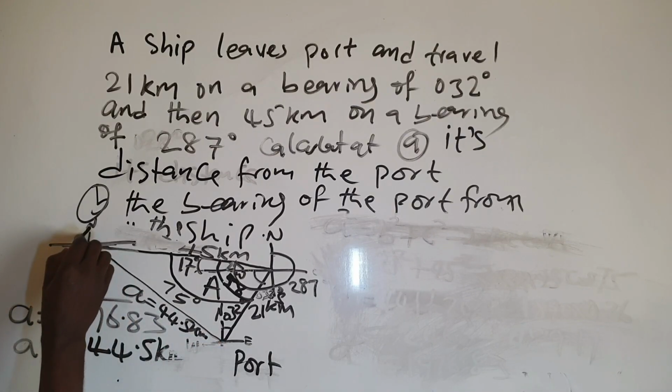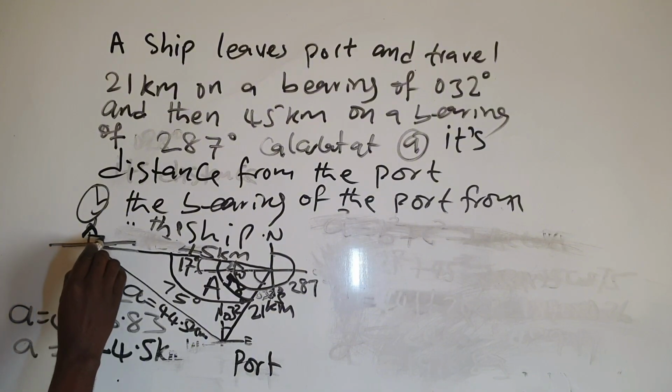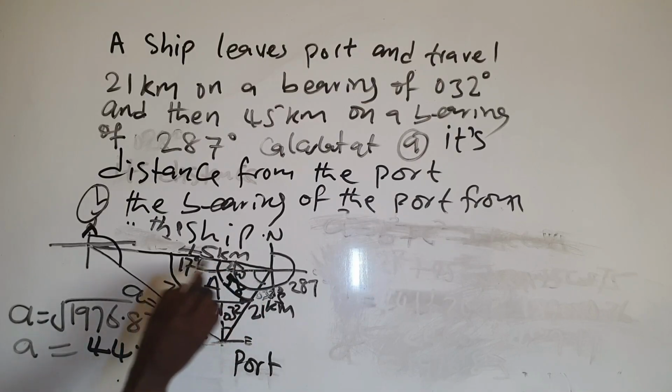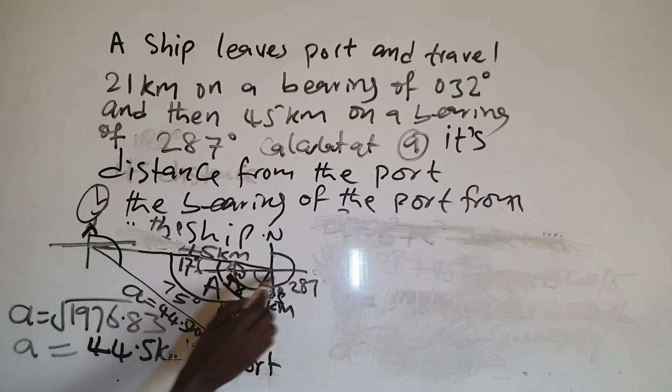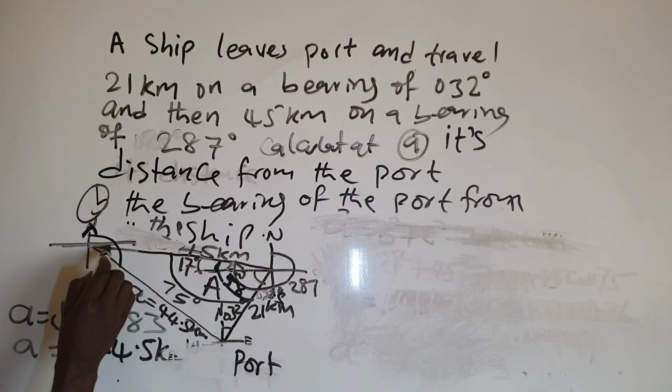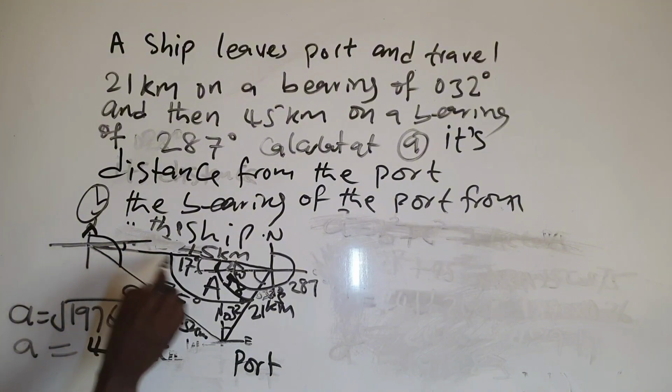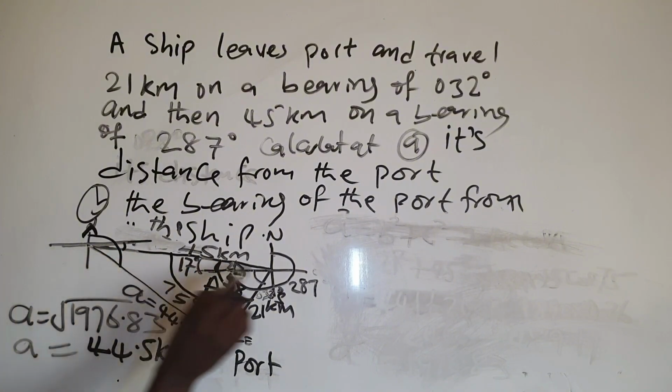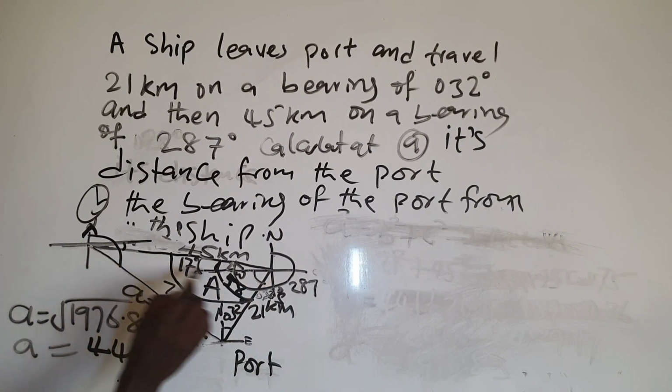So remember, our bearing used to start from north. So the bearing they're asking us is from here to here. Now remember that from here to here, angle here is alternate to angle here. Look at it, I form Z, letter Z. Angle here is equal to angle here.